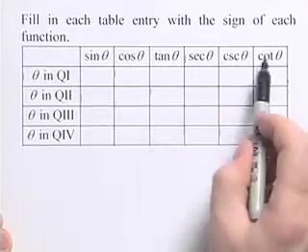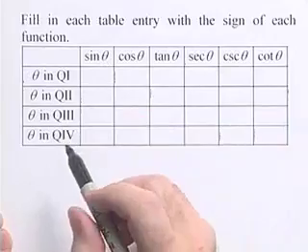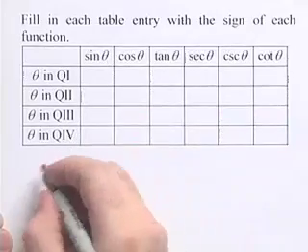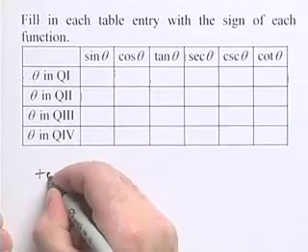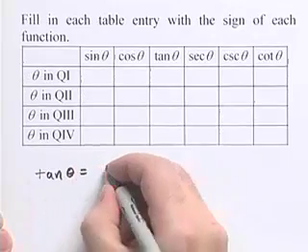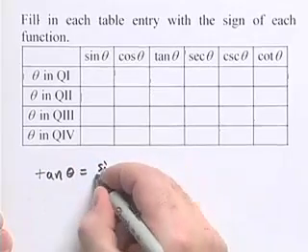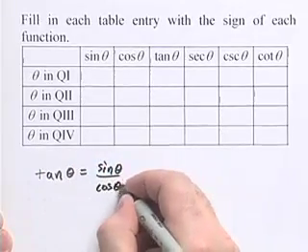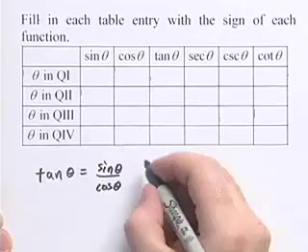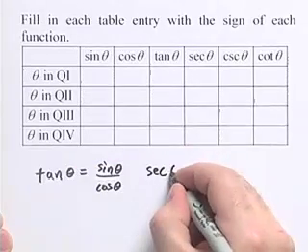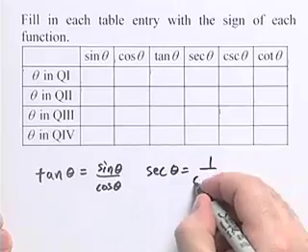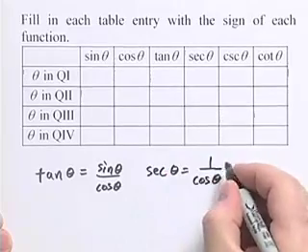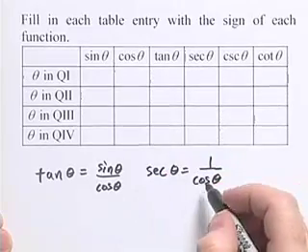These other 4 trig functions are all related to the sine and the cosine. And so we're going to review that by writing them down below. The tangent of theta is equal to the sine of theta divided by cosine theta. Secant of theta is equal to 1 over cosine theta. So it's going to have the same sign as the cosine.